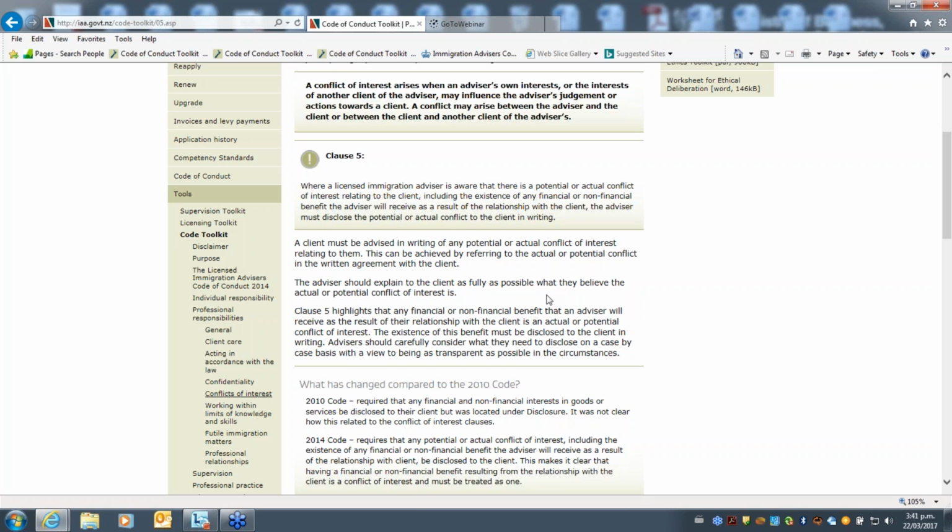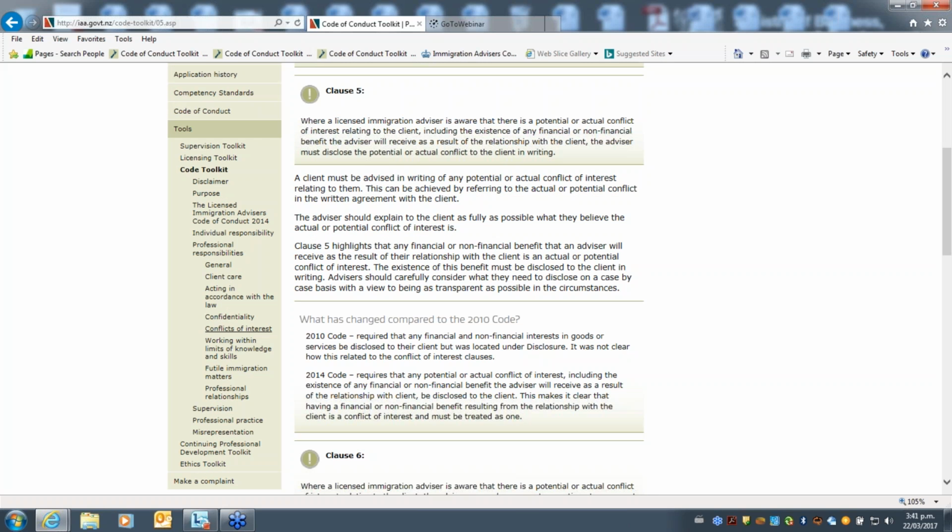So clause 5 talks about financial or non-financial benefit, and so this needs to be disclosed, and you just need to think about what needs to be disclosed and with the idea of being as transparent as possible in the circumstances. So financial, non-financial benefit, some examples of things that might come up would be commissions from schools. That's a common one, I guess.